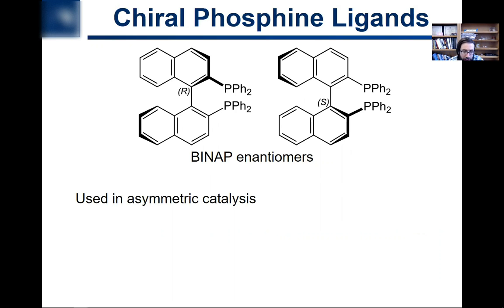There's all sorts of catalysts, small molecules. But you can induce chirality into those molecules that starts from the chirality imparted in these phosphine ligands. And so, asymmetric catalysis, something I'm not an expert on, but a field I definitely find fascinating and really interesting.